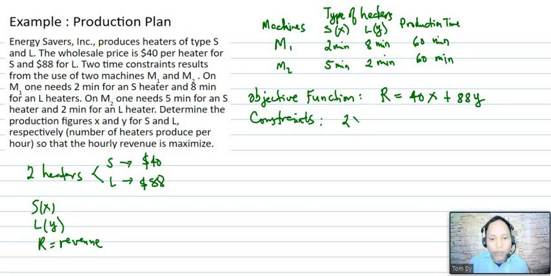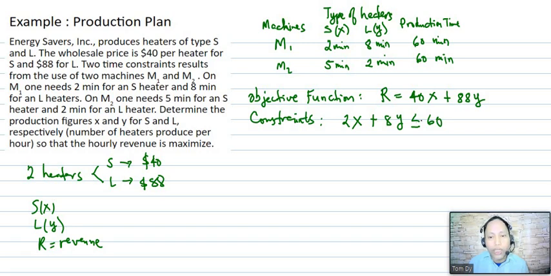So 2 times X, that is 2 minutes for S type, plus 8 minutes for Y type of heater. So we have here 8Y. And then the production time is per hour, so we will make use of less than or equal to.